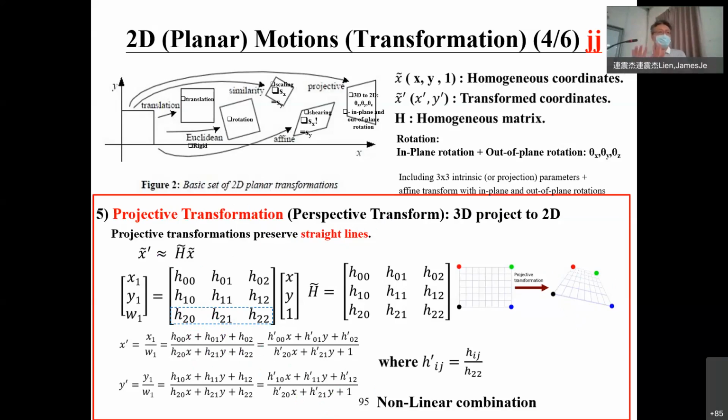So perspective projection includes affine, because affine is only in-plane rotation. Perspective projection includes in-plane rotation and pitch and yaw. 3 kind of rotation. 这样子。所以 perspective projection means from 3D project to 2D.